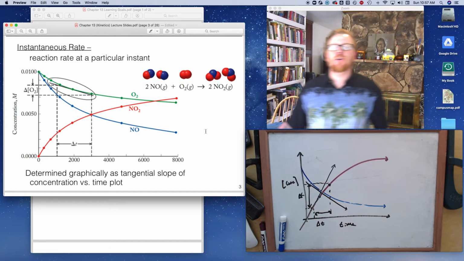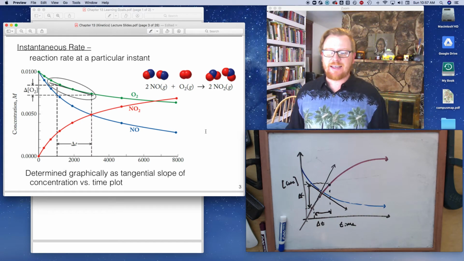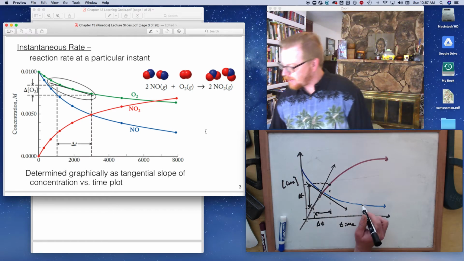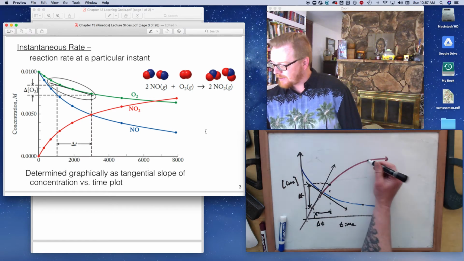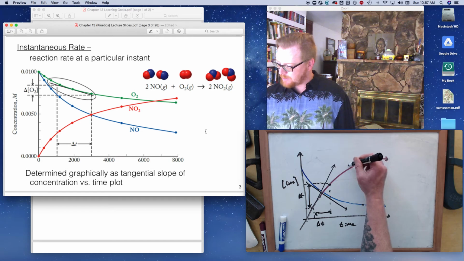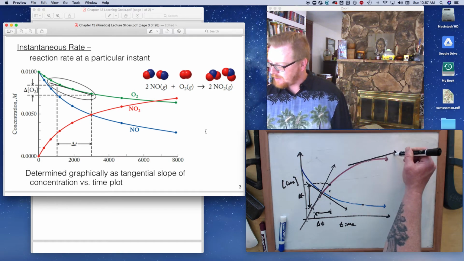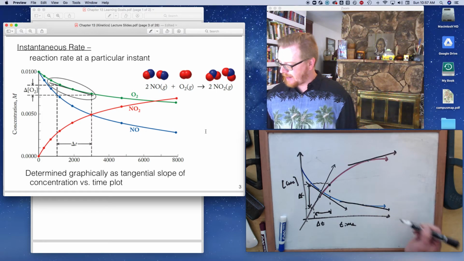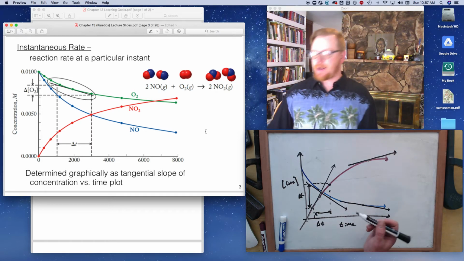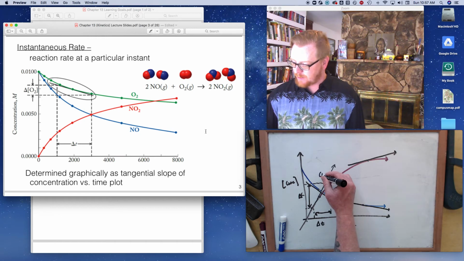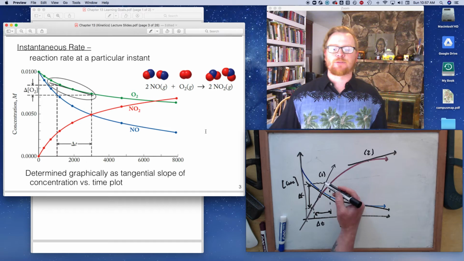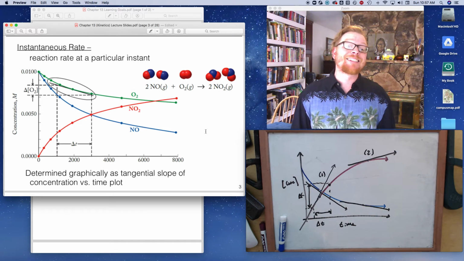But now what you notice, if I was doing the instantaneous rate at this data point compared to maybe this data point, right? This would be my instantaneous rate for the products here, and this would be my instantaneous rate for the reactants here. You notice that if let's say this is number 1 and this is number 2, my instantaneous rates for number 1 and number 2 are going to be different.